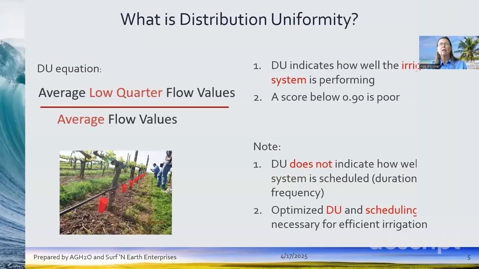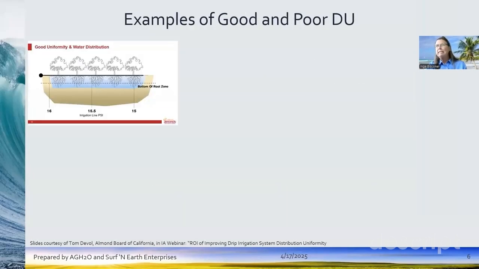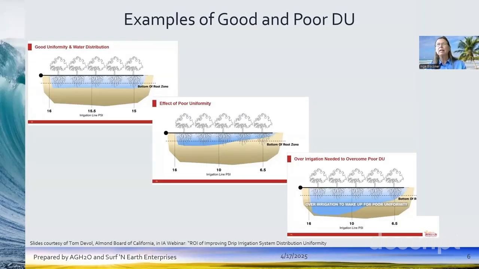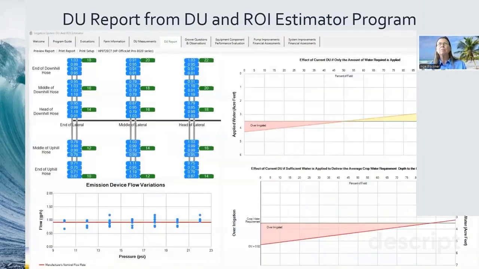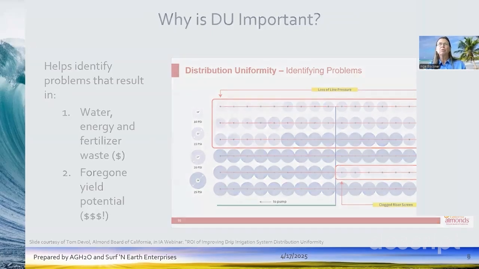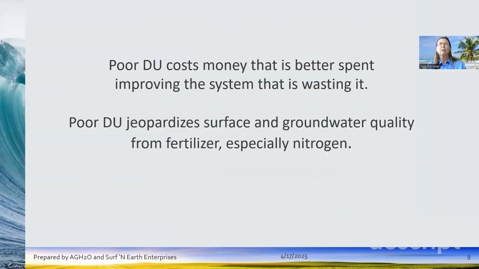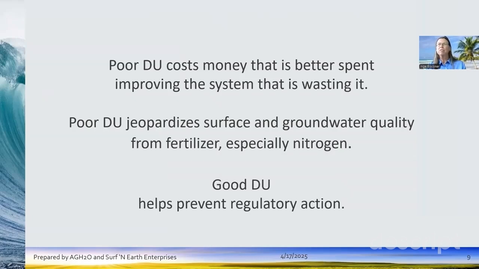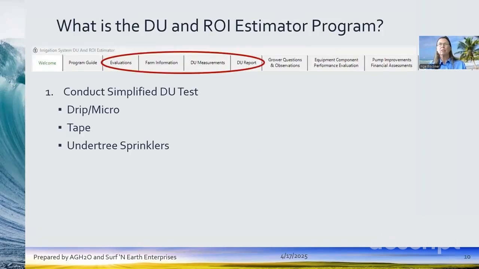It explains a lot about the program, why DU is important. Those of you who are on this call today, I think already know this sort of thing, but if you don't, or if you're communicating with people that don't understand it, you might be able to use some of these slides in your efforts. So why DU is important, some screen captures of how our program translates DU into economic value, of why plugging is important, why pressure variation is important, some of the takeaways, jeopardizes our groundwater quality, regulatory impacts, a whole bunch of information in these PowerPoints to help you communicate with your audiences.